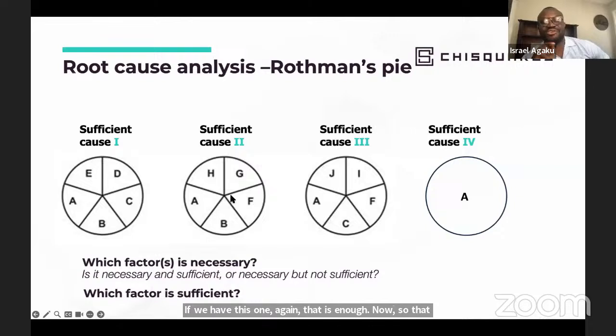Now, let's introduce another term here. We talk about factors that are necessary. A necessary factor is a factor that appears in all the sufficient causes. So if you look at sufficient cause 1, sufficient cause 2, cause 3, and cause 4, what factor appears in all of them? Any answer?